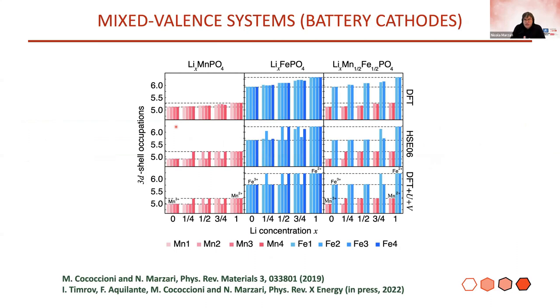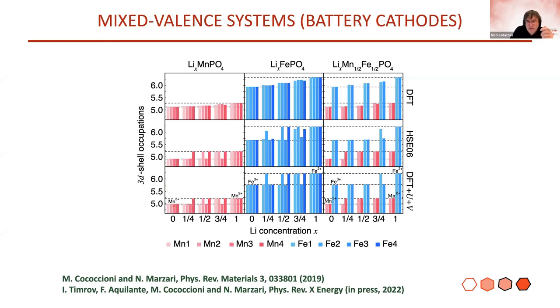And this representation of oxidation state, which just came out and is printed now in PRX Energy, can be seen in even more complex cases where we take mixed olivines, iron and manganese, or we look at intermediate concentrations. If you look at the charge on each ion, you see in DFT plus U plus V, that is the last line here, these digital changes.